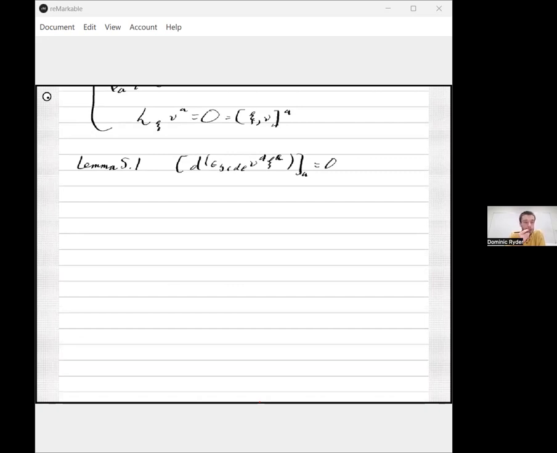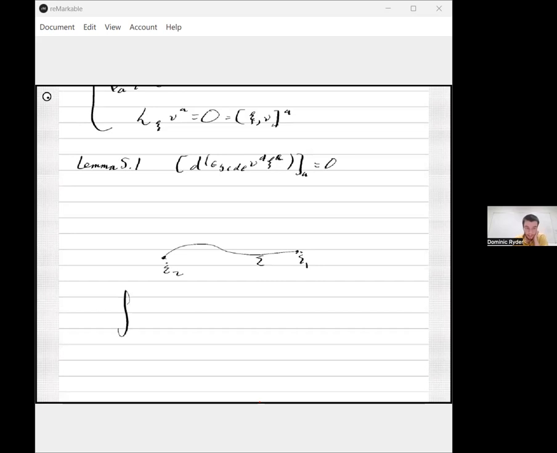Okay, so we're going to use Stokes theorem again. Sigma is going to be some three-dimensional volume bounded by two spheres, so sigma equals sigma dot 1, sigma dot 2.